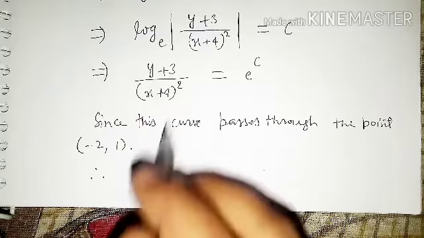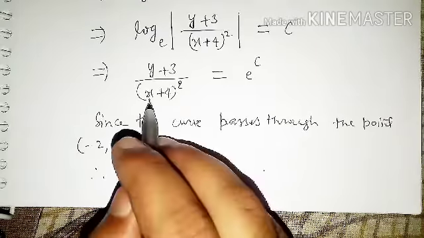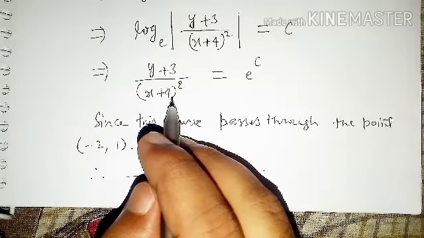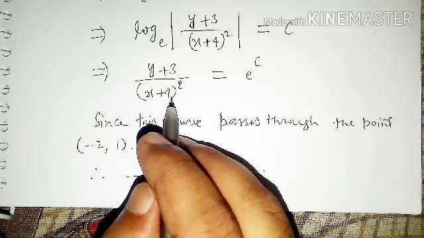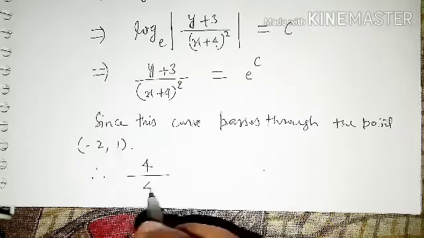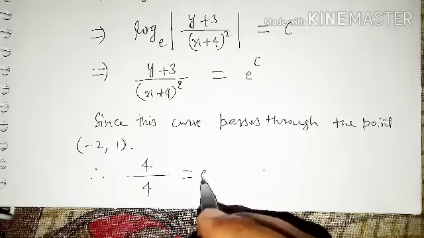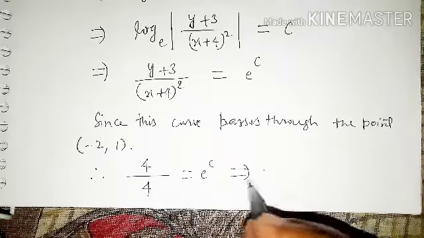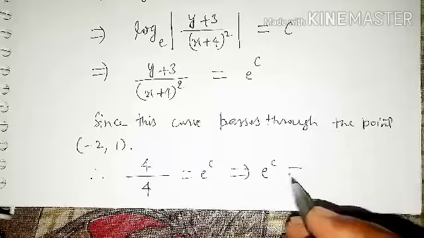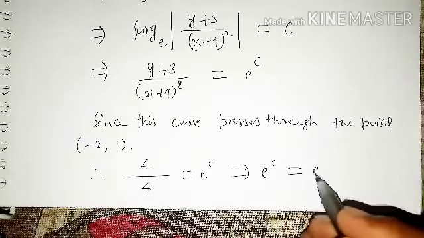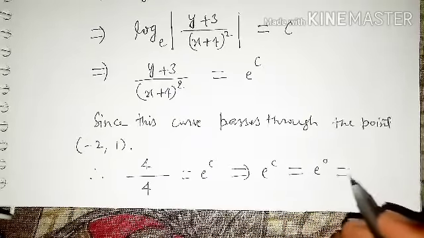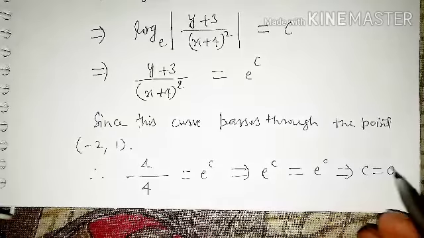So 1 plus 3 is 4, -2 plus 4 is 2, 2 square is 4, so 4 by 4 is equal to e to the power c. This implies that e to the power c is equal to 1, and 1 is e to the power 0. This implies that c is equal to 0.